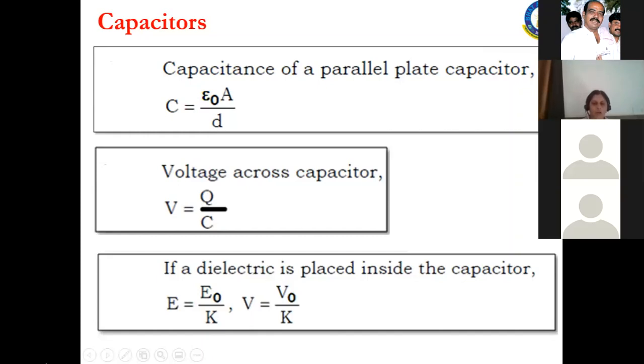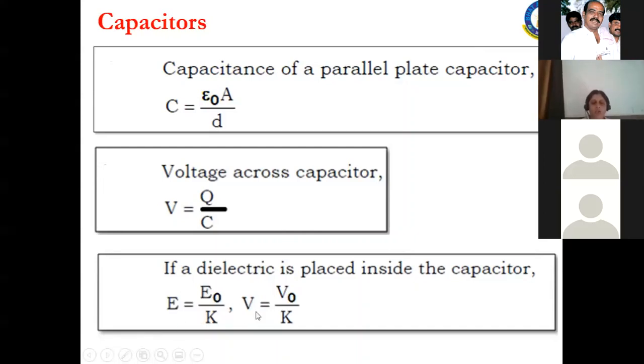In that case, E is equal to E naught, the value in case of air medium, divided by K, meaning the field or the voltage both decrease by a factor of 1 by K. So both are reduced.